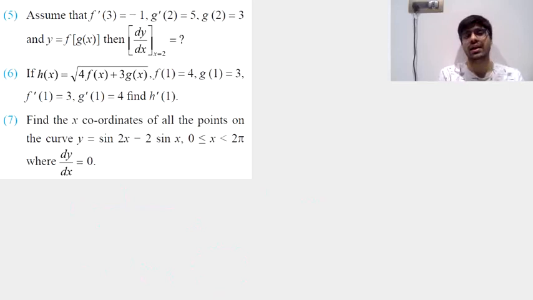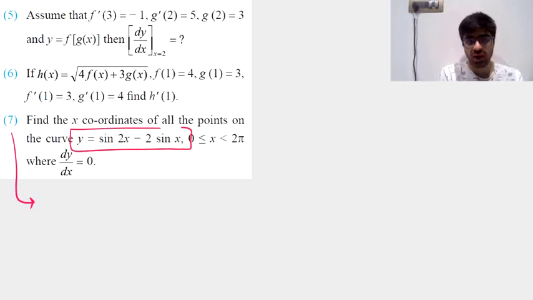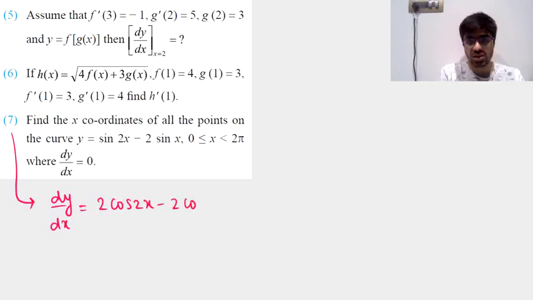And one last question in this video. So we have to find the x coordinate of all points on this curve where dy by dx will be equal to 0. So take dy by dx, that will be 2 cos 2x minus 2 cos x. You want those points where dy by dx will be 0. So take dy by dx as 0.